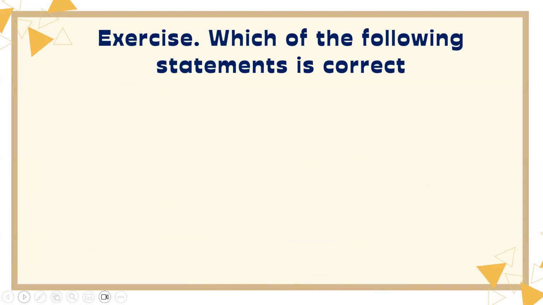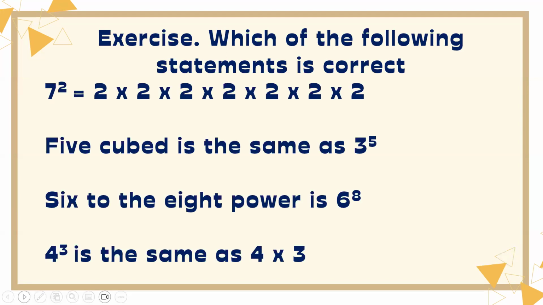Then, last but not the least, let's check if you understood our discussion today by identifying the correct expressions, right? Which of the following statements is correct? Okay, so for statement 1, 7 squared, is it equal to 2 times 2 times 2 times 2 times 2 times 2 times 2?